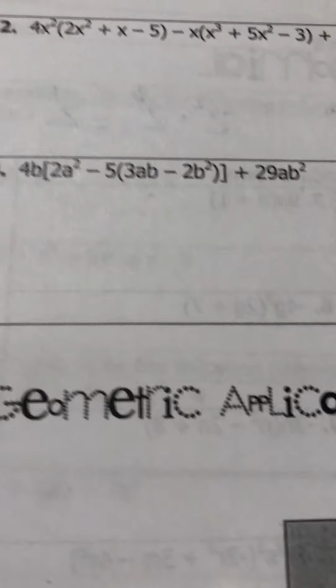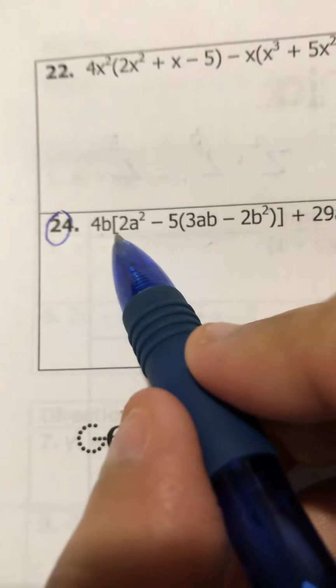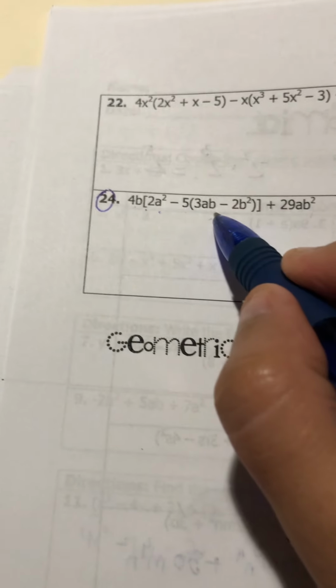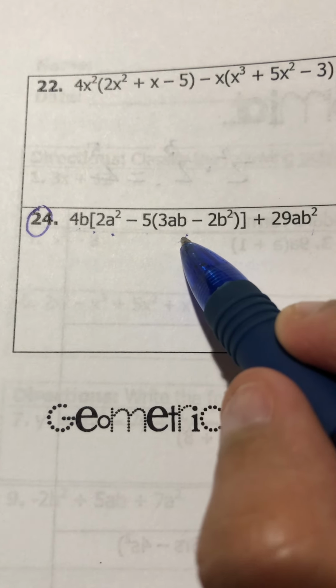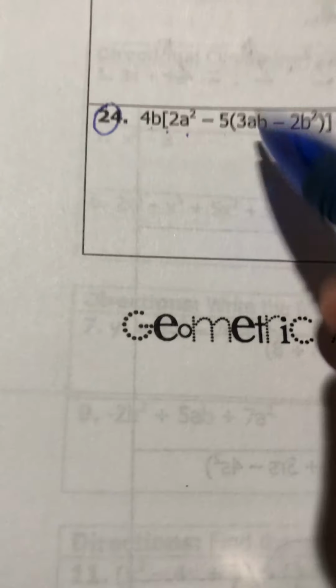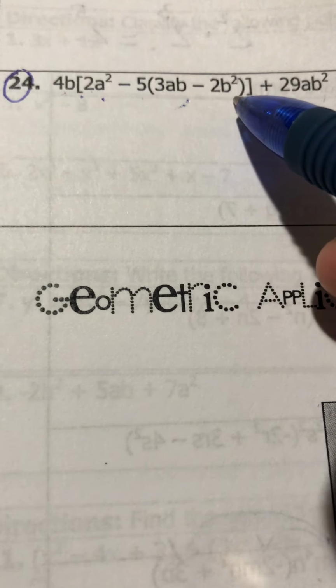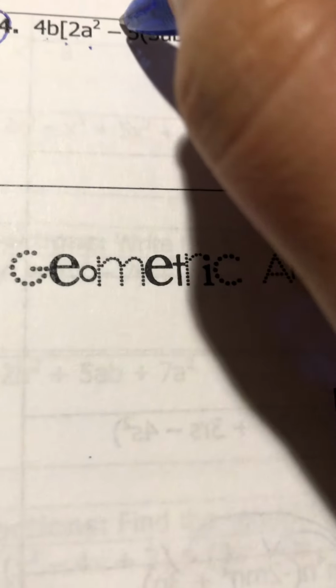Example here, question 24, 4b times this minus this. So first we'll start from the parentheses, which is inside. First of all, I'm going to copy all this as is. I'm going to multiply this negative 5 to all these terms inside.